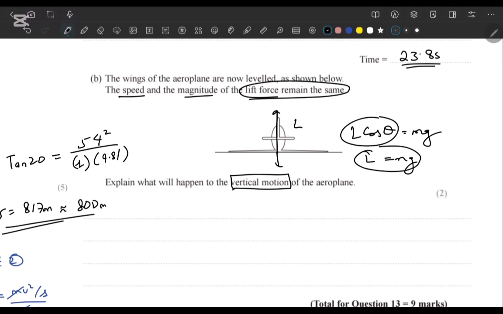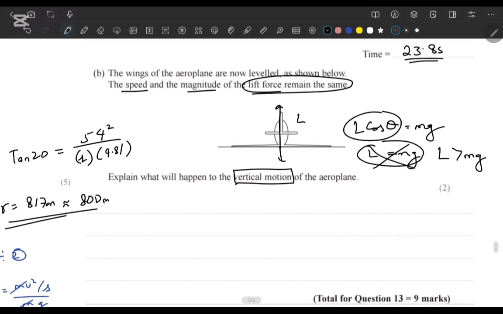And actually what I've written here is technically wrong, because if a component was balancing the weight, now we have the entire lift force. It should actually be greater than mg. I hope that makes sense. So we can say the lift force is greater than weight.